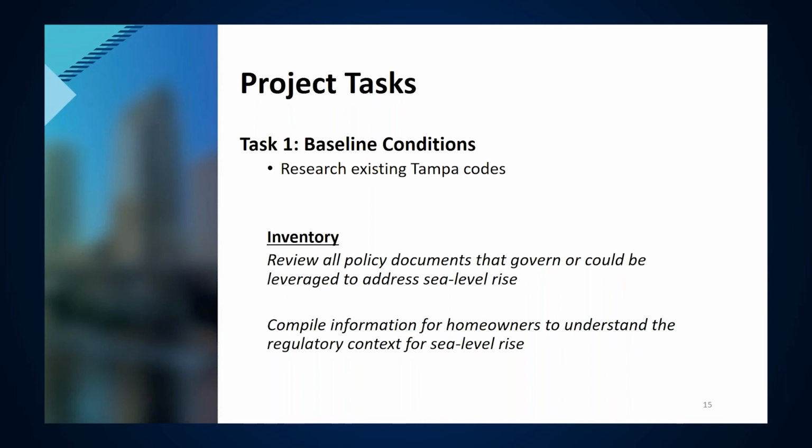We'll look at codes and policies that either have a direct implication, so let's say seawalls, and what is the policy for that, but also other policies that maybe could be leveraged. For example, ways of building up funding to protect or mitigate areas at the coast. So some of these may be leveraged, some have a direct effect.